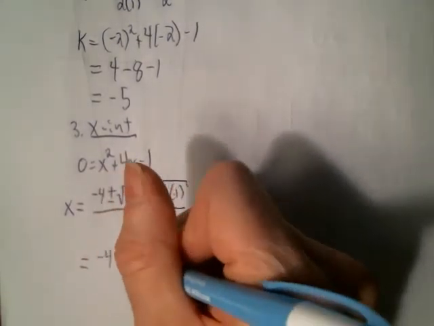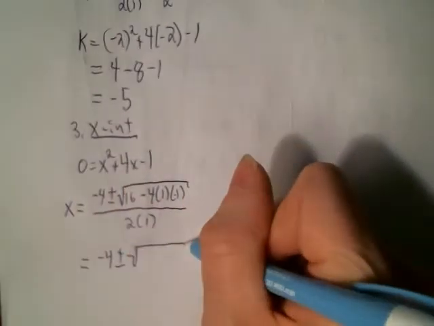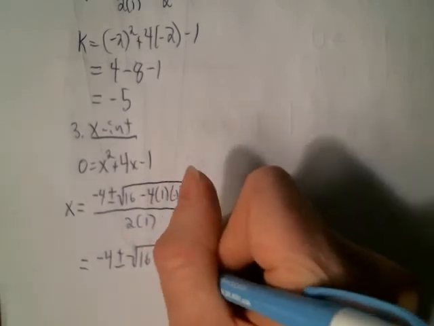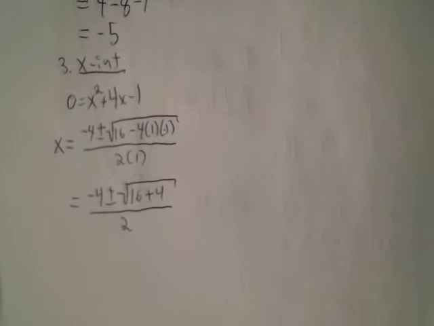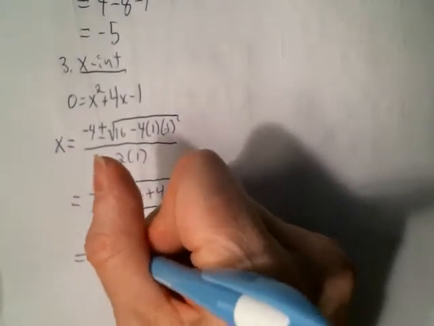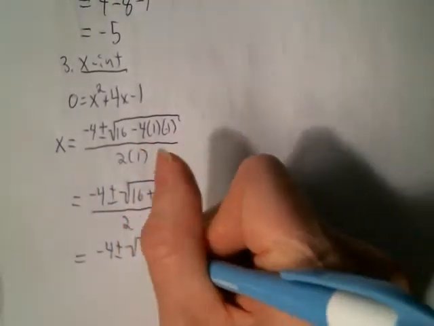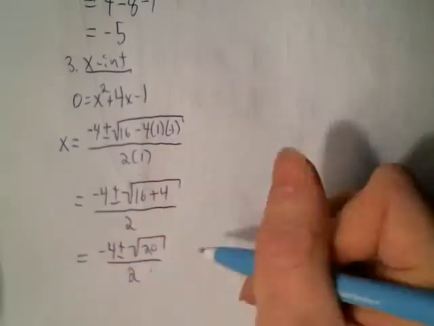So it'll be -4 plus or minus the square root of 16 plus 4, all over 2. That'll be -4 plus or minus square root 20, all over 2.